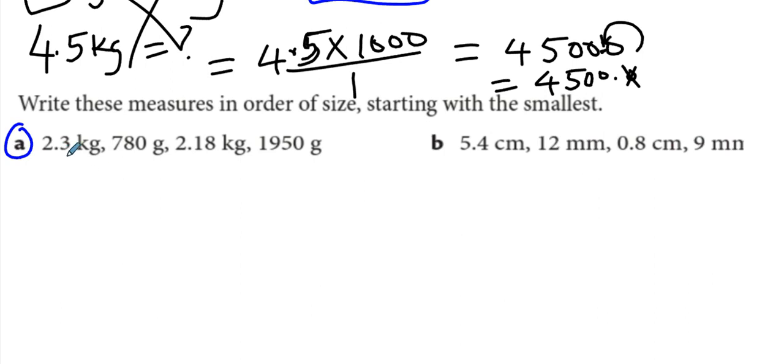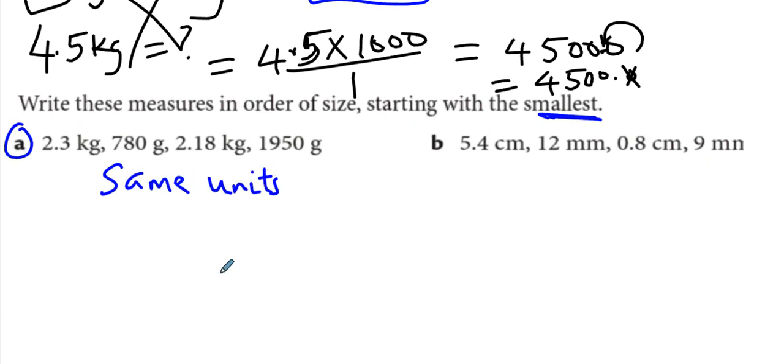You have 2.3 kilogram, 750 gram, 2.18 kilogram, 1950 gram. The question is, write these measures in order of size, starting with the smallest. Okay. We can't tell which one is the smallest of all until we have the same units.